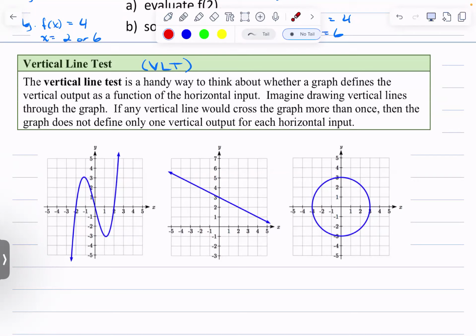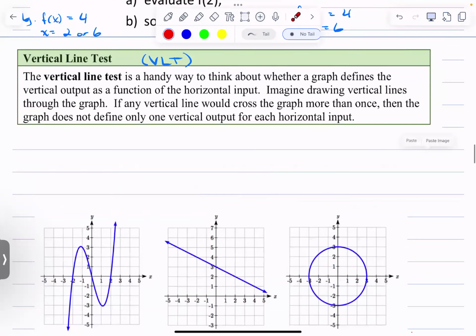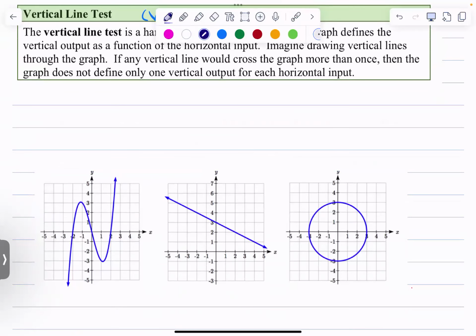Okay? And so how it works is if any vertical line would cross the graph more than once, okay, then the graph does not define only one vertical output for each horizontal input. Now that's a long way of saying the graph is not a function, right? And so I'll bump this down and clarify, because that's pretty lofty stuff.